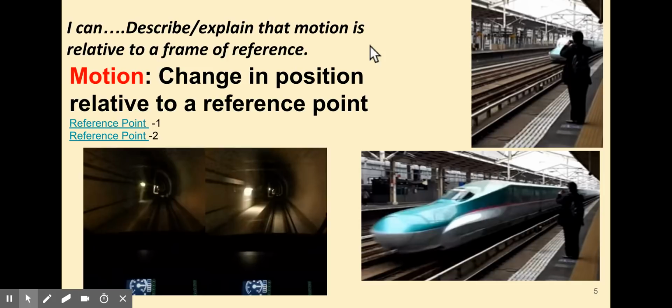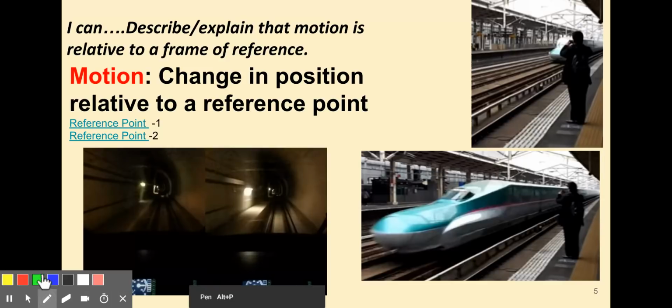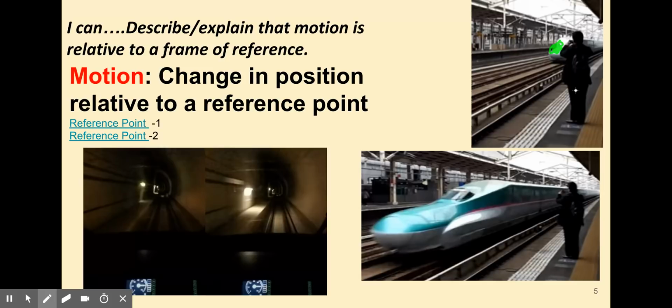We talked about the idea that a change in position relative to a reference point is motion, and you watched videos. We have a train and a person. So relative to each other, from this point in time to this point in time, the location of the person in the train, or the train to the person, has changed.